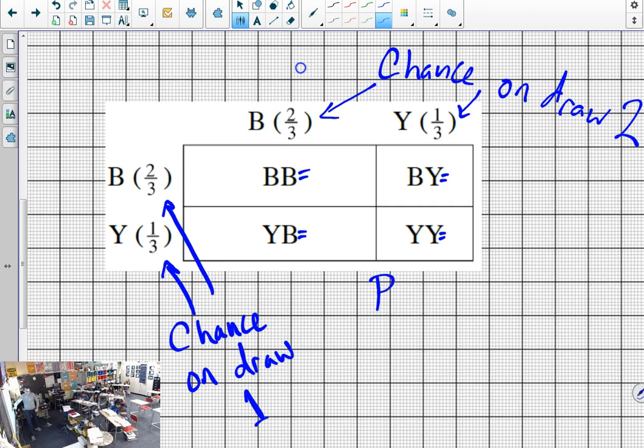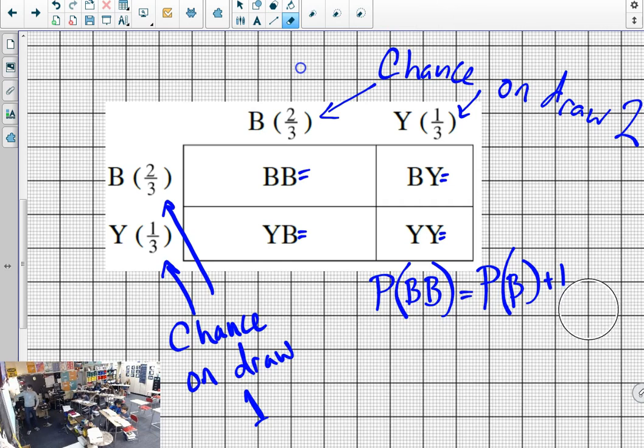That means the probability of blue is the probability of blue the first time, not plus, actually times, sorry. That's first draw, and that's second draw.